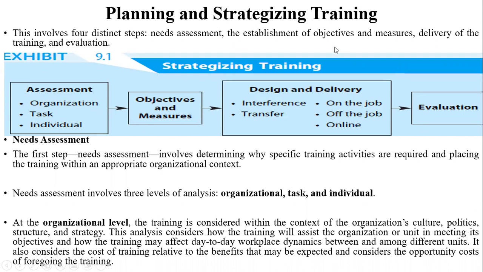And this has been parsimoniously summarized with Exhibit 9.1, which you currently have on your screen. So under the training needs assessment, we conduct 3 main levels of assessment, which is organizational level assessment, task level assessment, and individual level assessment.